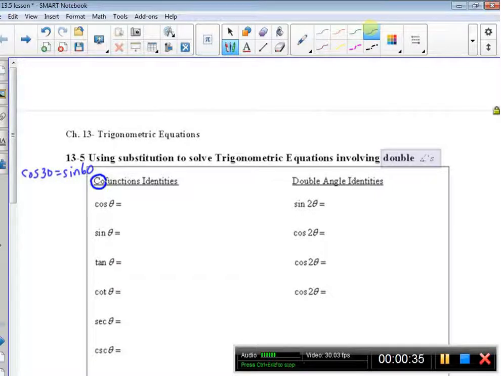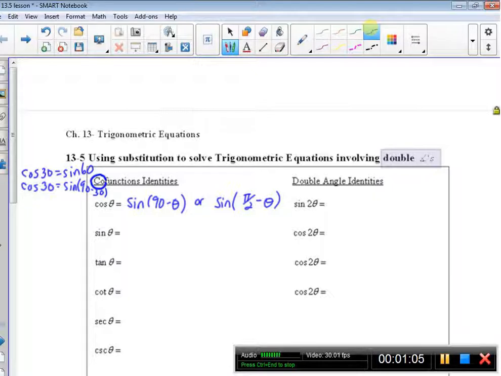So we could then say that another way to represent the cosine of 30 is the sine of 90 minus that 30. Okay, so the cosine of theta is equal to the sine of 90 minus theta, or the sine of pi over 2 minus theta.